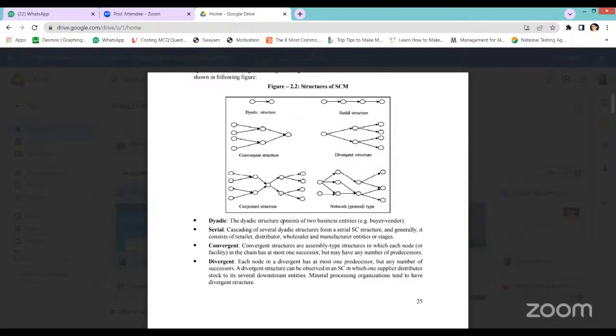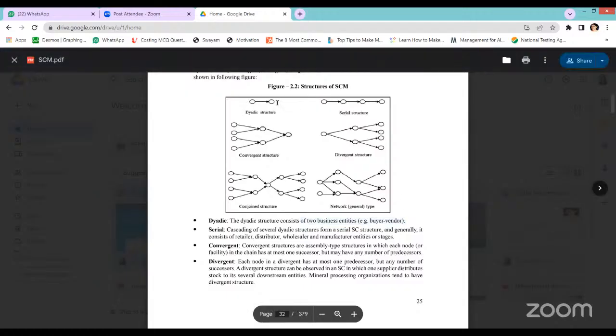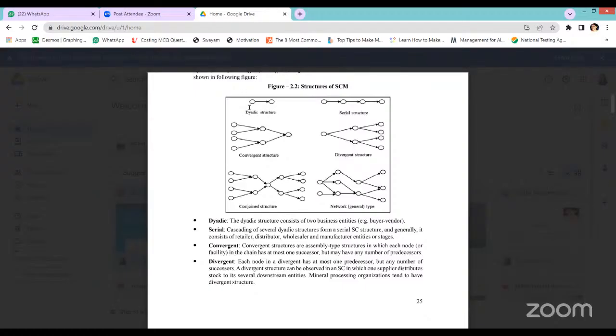What is dyadic? It's two business entities. A dyadic structure consists of two business entities, that is, buyer and vendor. If you recall your distribution channel, it's a simple small tip to remember easily. So the dyadic structure involves a direct buyer and vendor.